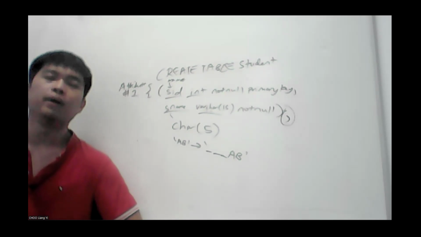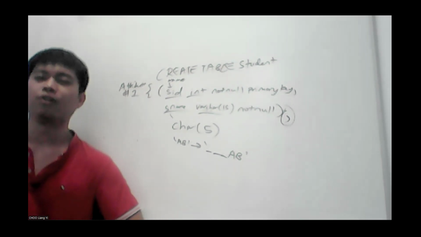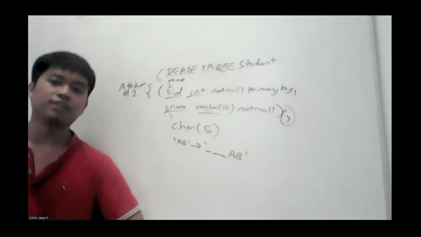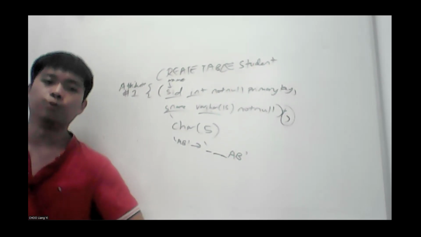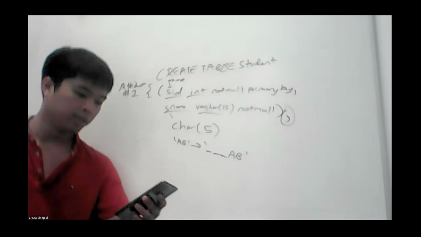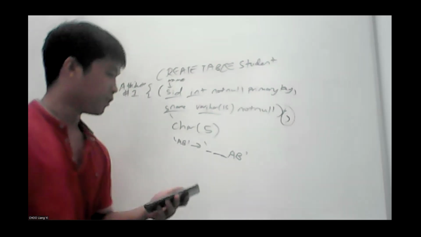How the computer allocates memory has something to do with bytes and bits. If you want to learn more, you can look it up. I'm not going to cover it, but basically you just need to know, if you use char, there's a slight increase in performance when you query the data, especially when the amount of rows gets very huge. Yeah, that's the difference. So far okay, right?